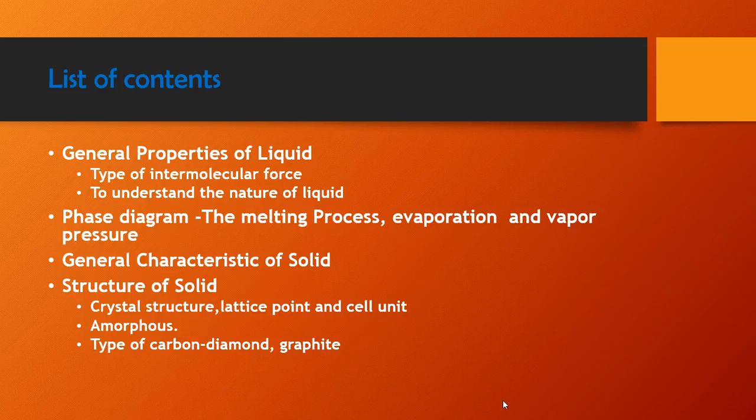Then we move to the phase diagram, the melting process, evaporation, and vapor pressure, part of which you learned in Form 5. Then the general characteristics of solid, structure of solid, crystal structure, lattice point and unit cell, amorphous solids, and types of carbon: diamond, graphite, gold.